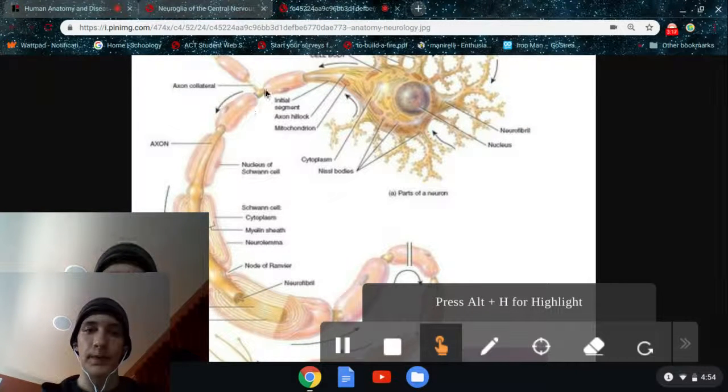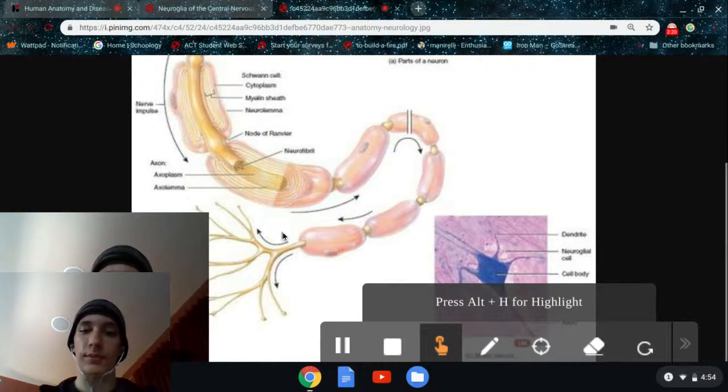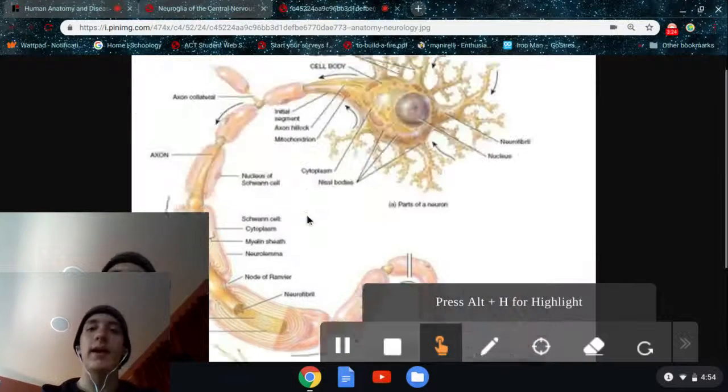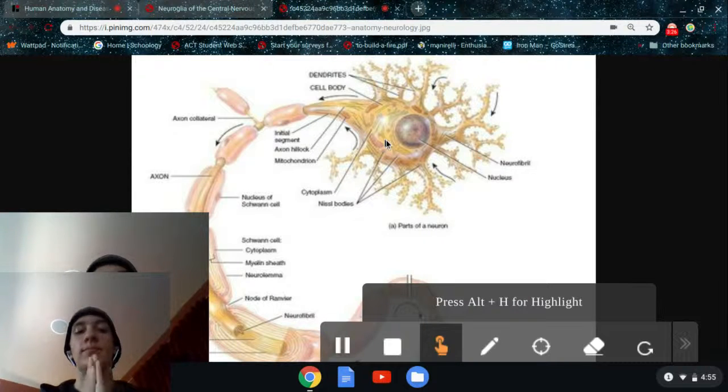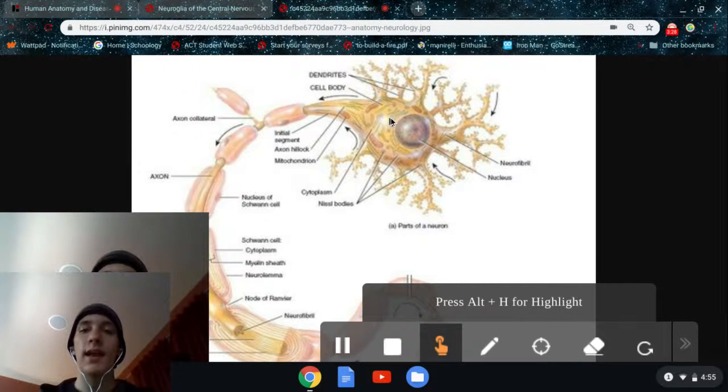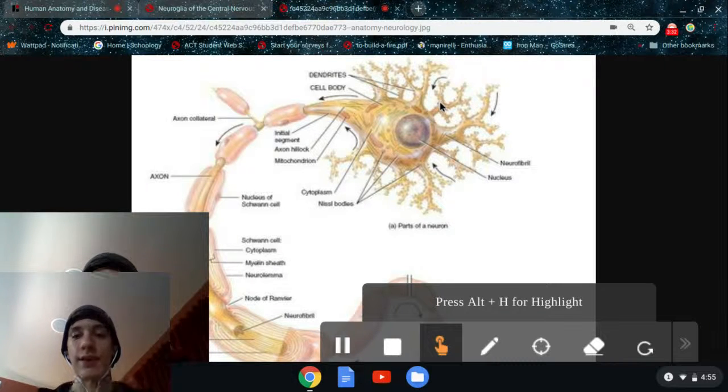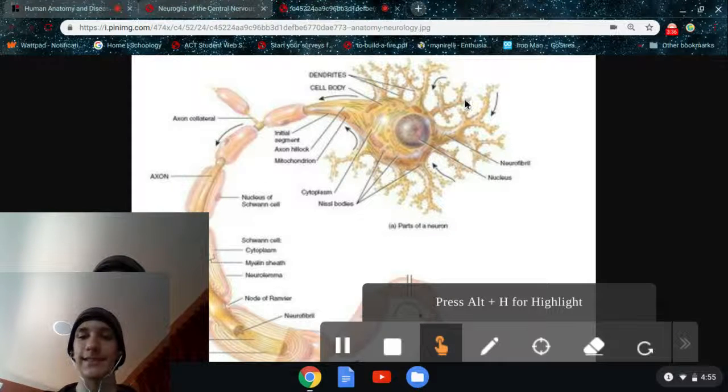Axon terminal, it's at the end. Buttons, because there's a little button. Soma means body. This is a cell body. And dendrites. Remember, the Greek word for tree is dendra, and these are branchy. So they're dendrites. They look like trees.